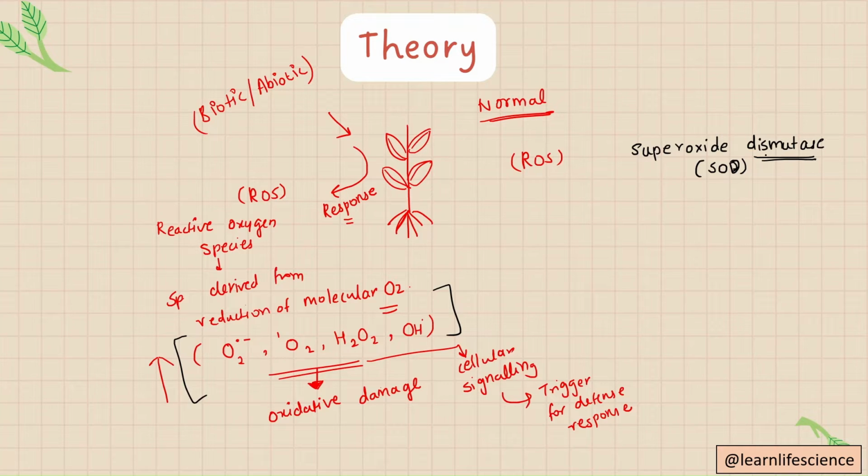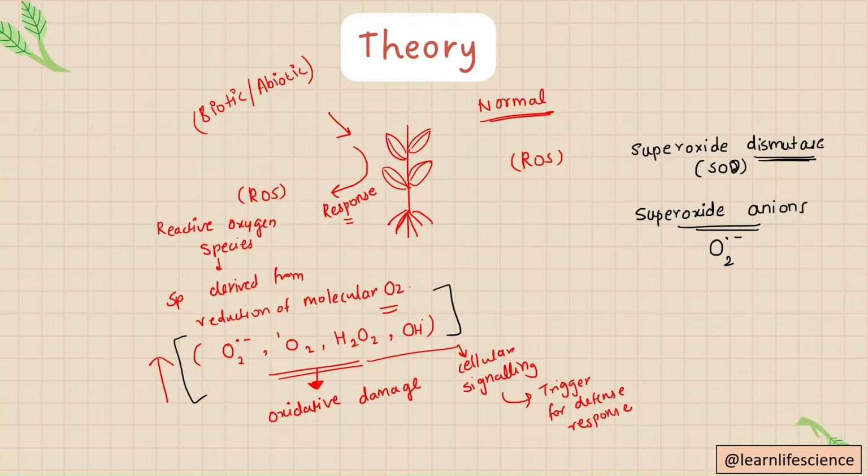As you can see in its name itself, the dismutation reaction is carried out by the enzyme, and the dismutation reaction is carried out on the superoxide anions. Superoxide anions means the charged anions and radicals. For example, the superoxide anion here is the reduced form of oxygen, that is the superoxide radical.